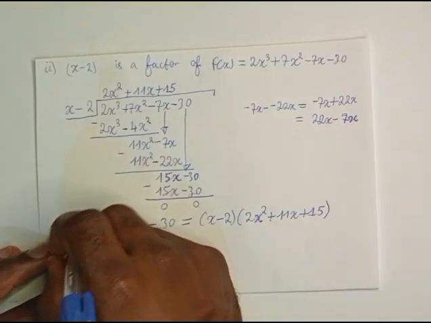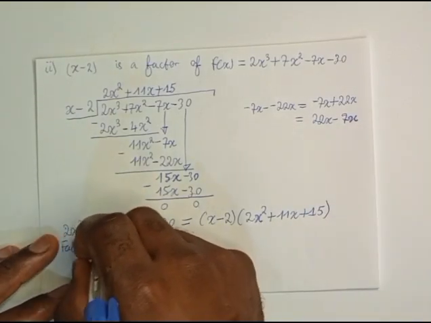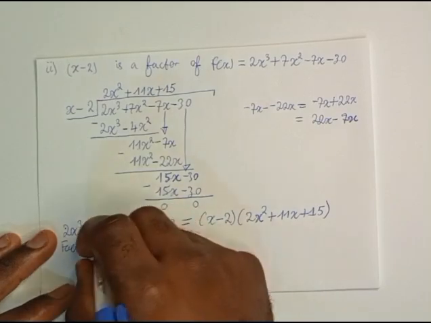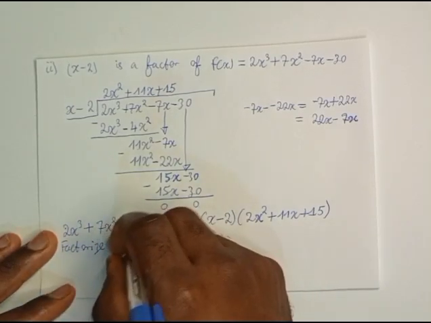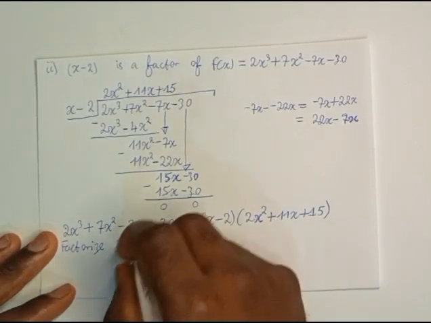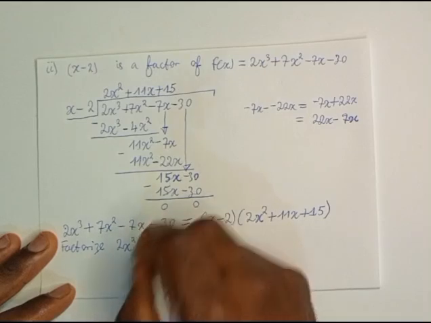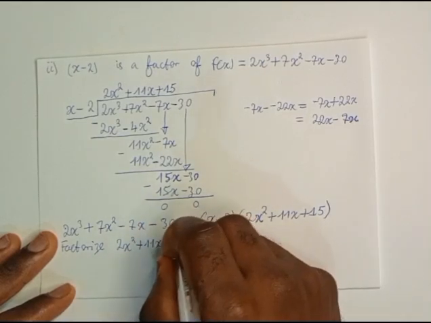Next, we have to factorize the quadratic expression 2x squared plus 11x plus 15.